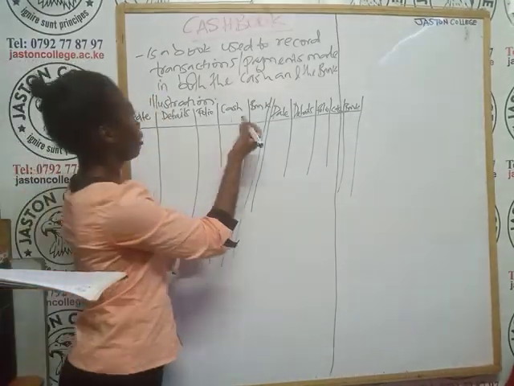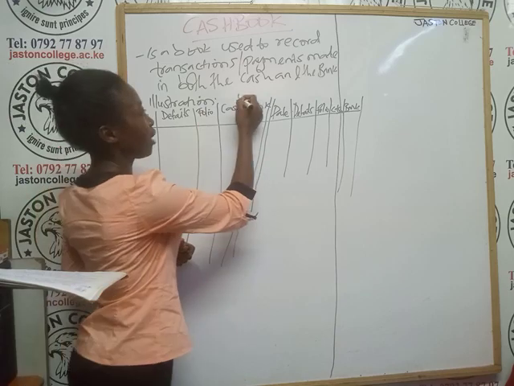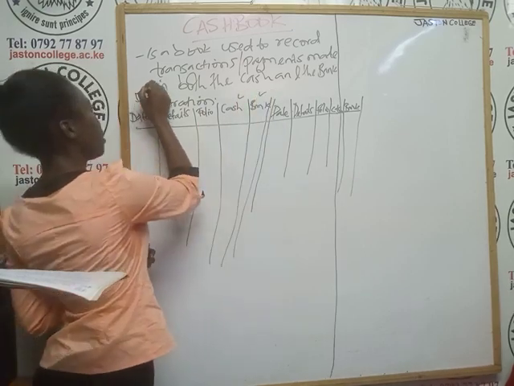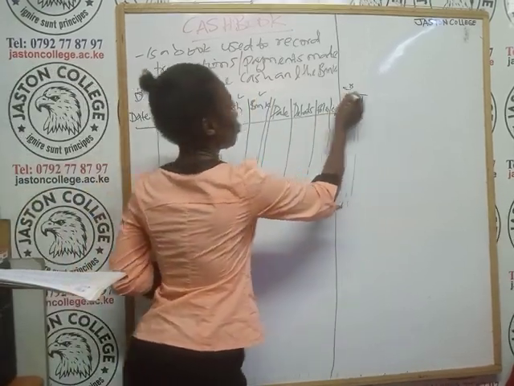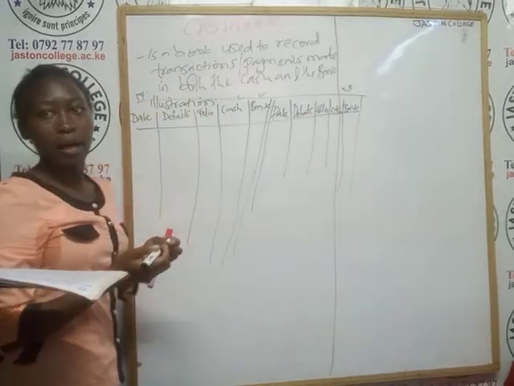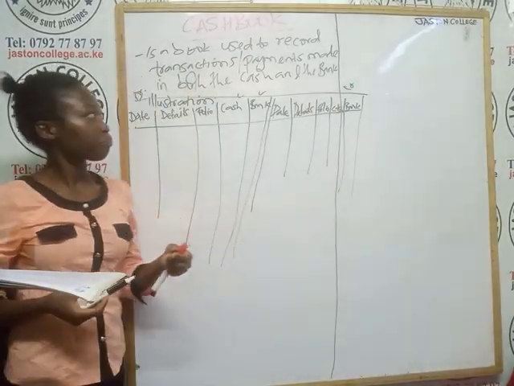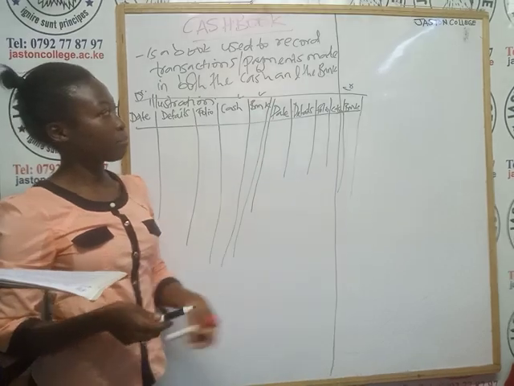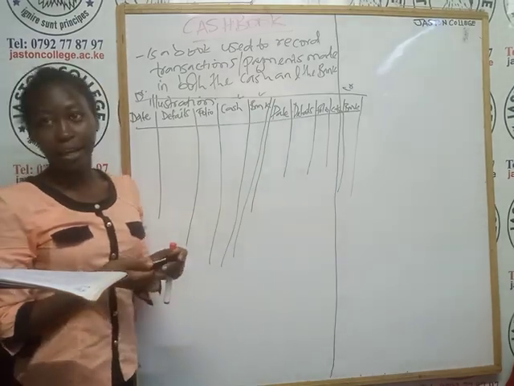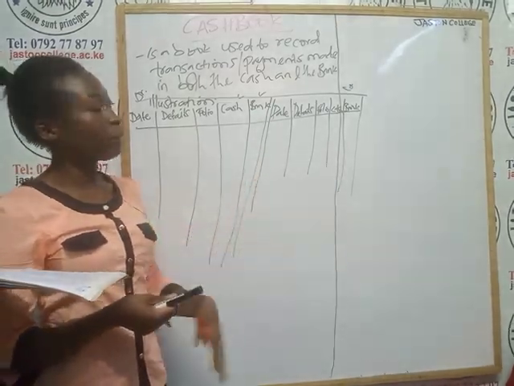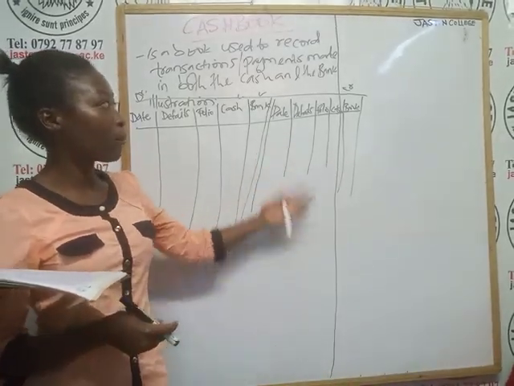So we have the cash here and the bank. This is our debit side and the credit side. So all transactions, the sales and the payments made through the bank and the cash, we are going to include them in the books.